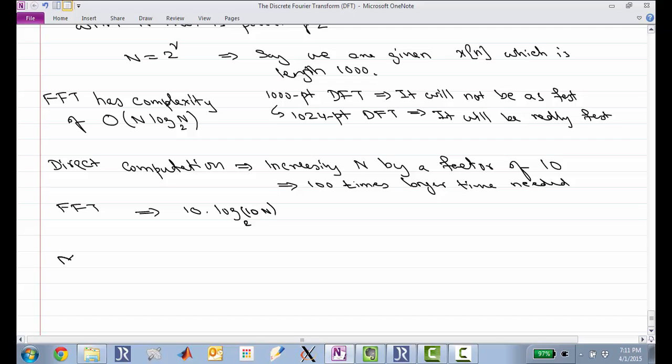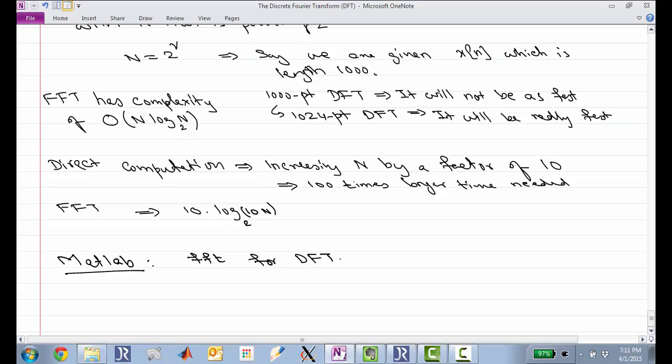In MATLAB, if you want to compute DFT using FFT, the command is FFT. And if you focus on the definition of DFT and inverse DFT, you realize that they are very similar to each other.